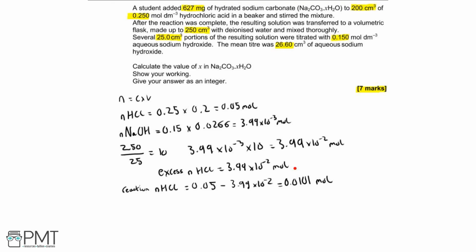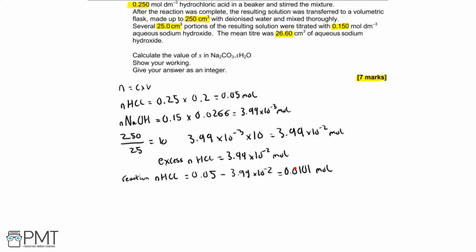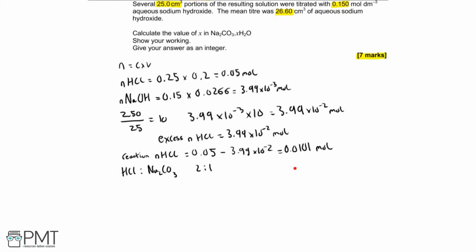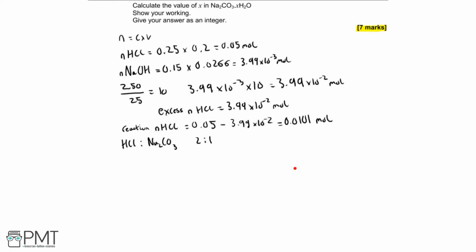Now we need to work out the number of moles of sodium carbonate that reacted. The way we are going to do this is by dividing by 2, as our HCl and sodium carbonate react in a 2-to-1 ratio. So we need to divide the number of moles of HCl that reacted by 2.